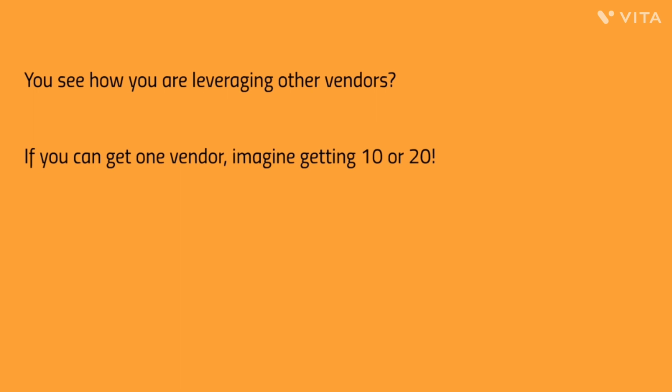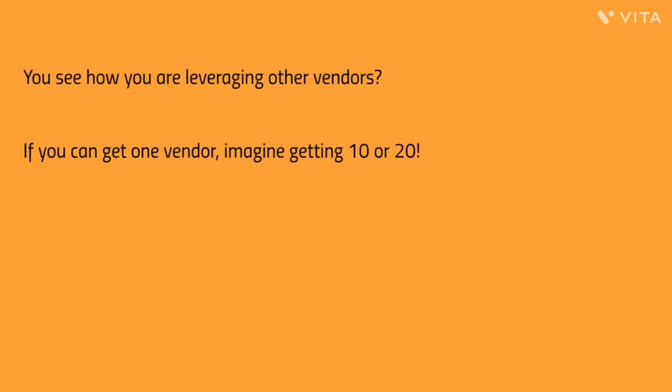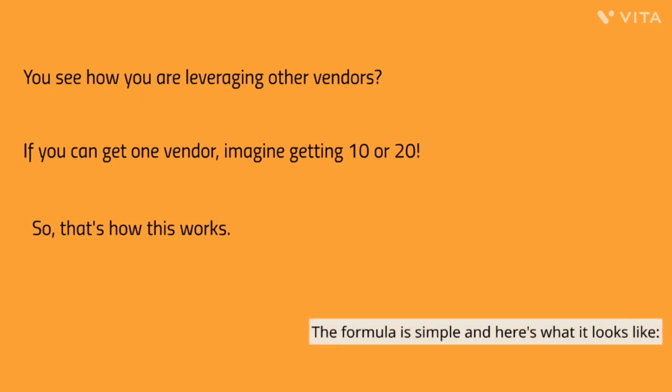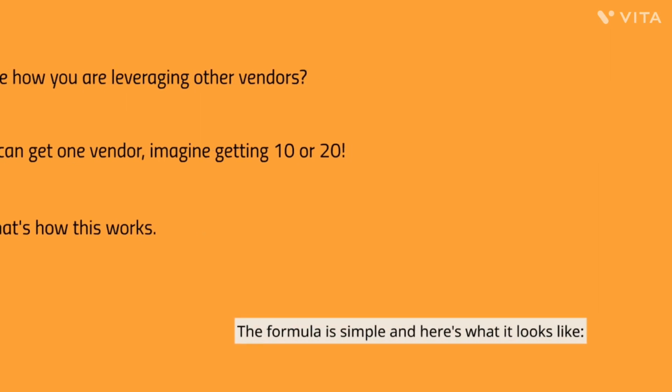So imagine getting 3 or 5 subscribers from each vendor: you could have anywhere from 10 to 50 different people coming to your list every single day. And these are people that are customers. So soon you will have a list of 100 people, and these 100 people will convert at a higher rate as long as you provide them with high value. So this is basically how this works, and the formula is pretty simple.